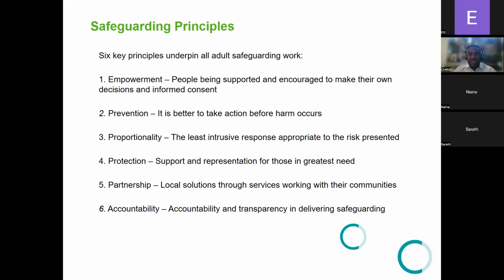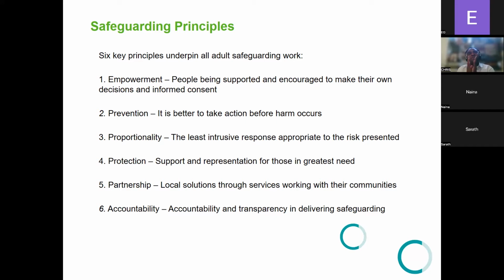So prevention, I think Naina is muted. Prevention means anything that we can do to ensure that the adult does not get hurt or harmed or injured, or their health and well-being are not at risk. We have to do it. So if there is water on the floor that they can slip and fall on, we have to make sure we wipe the water.